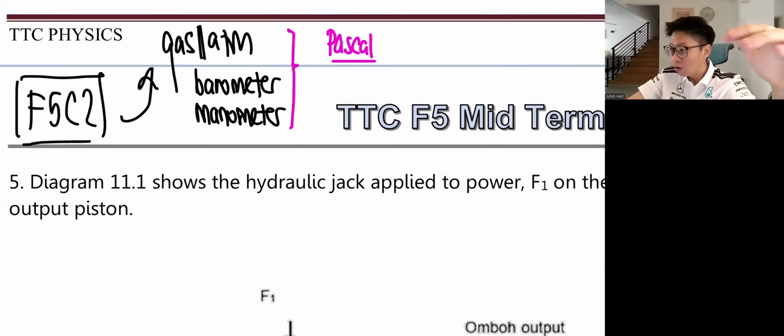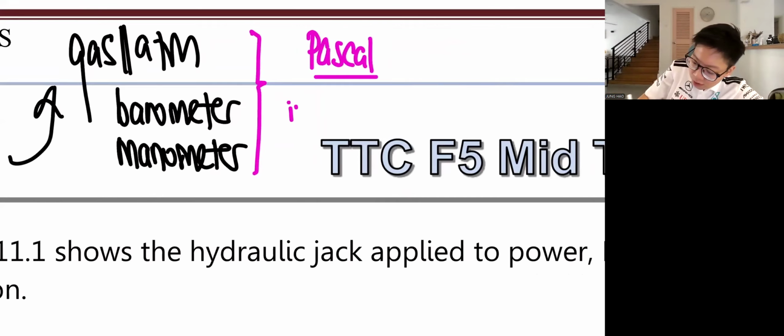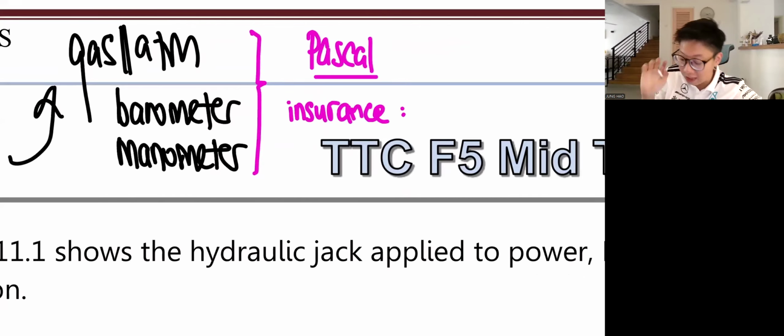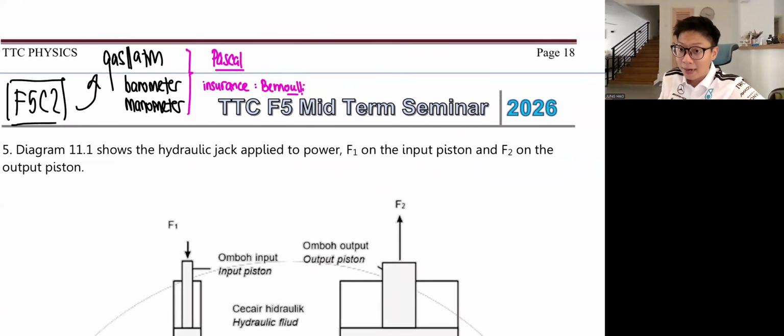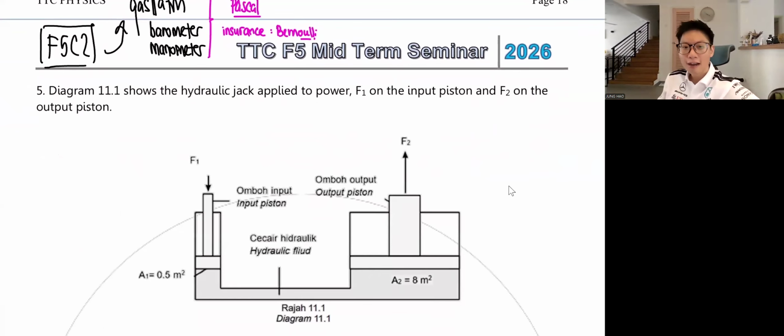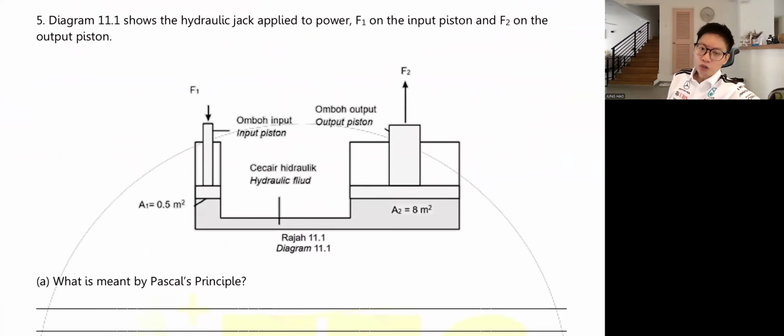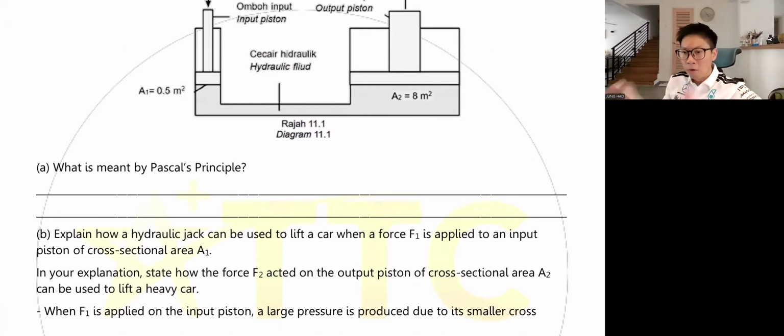So if it's me, I will make sure I'm damn good and professional in Pascal principle. Okay, but I'm doing another insurance. Insurance as in, what if it is not Pascal principle? Then I'm gonna guess it's the weird Bernoulli principle. Okay, so that will be my insurance. Okay, can. So usually in Pascal principle, what is the most important thing?